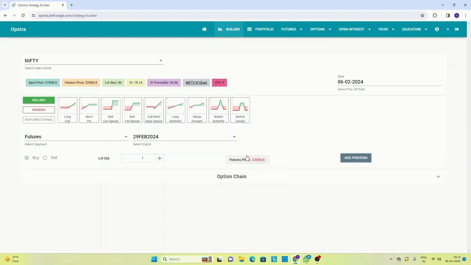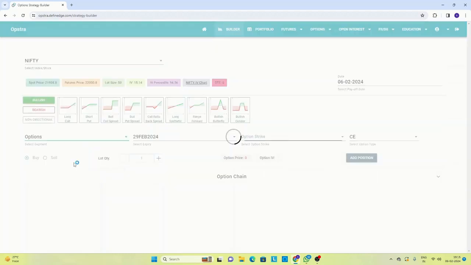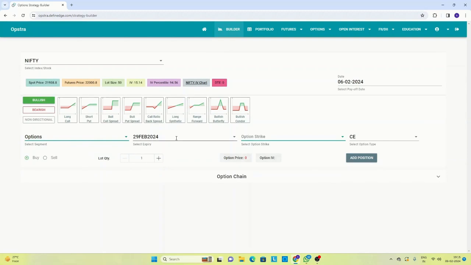Now let's see the option payoff chart for a call debit spread as per our worksheet. Here the Nifty spot price is 21,938, which is the closing price, and India VIX is at 15.14, which is the IV. As per our example, we are choosing expiry as 29th Feb.